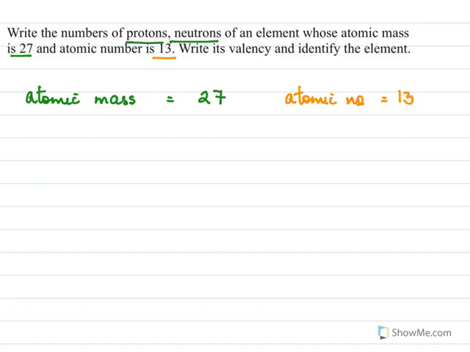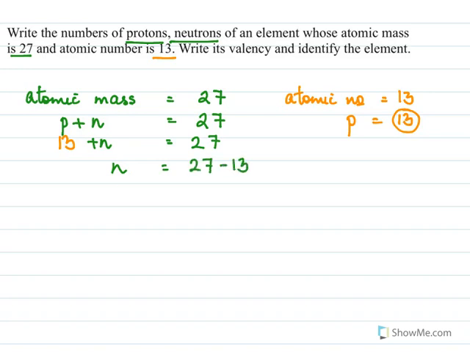Now you remember that atomic number is protons. Protons is 13 and mass is protons plus neutrons. So neutrons and protons is 27. We know the protons is 13, so I'm going to put 13 here, plus neutrons is 27. So neutrons is 27 minus 13. So here neutrons will be now 14.